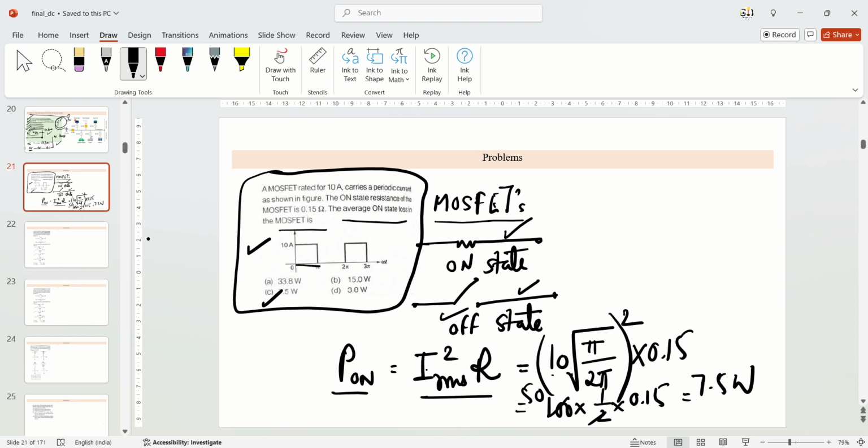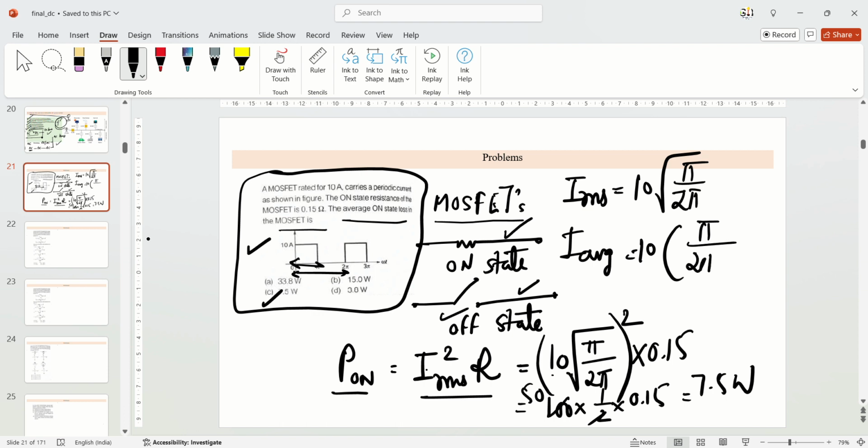Pi is the time duration for which the pulse is there, and the overall time duration is 2 pi. So the I RMS is 10 root pi by 2 pi. If somebody asks what the I average would be, it's 10 pi divided by 2 pi. This is how you solve it.